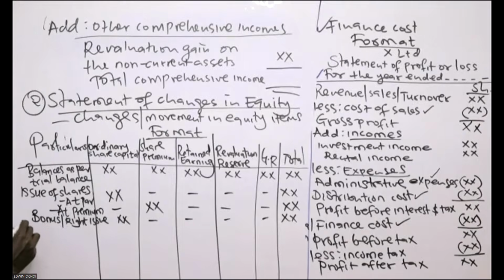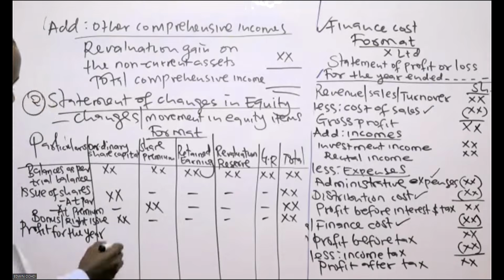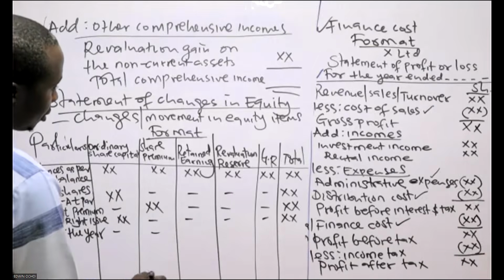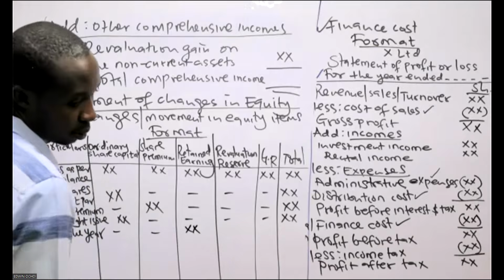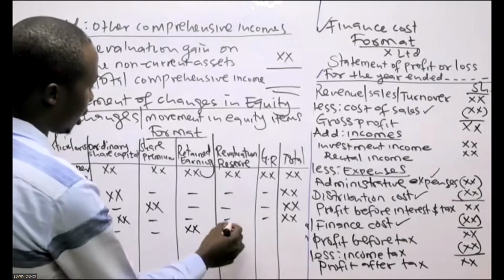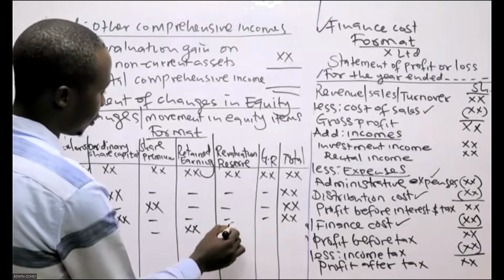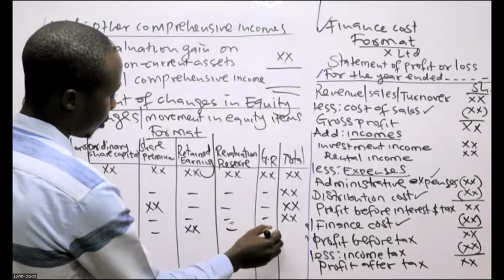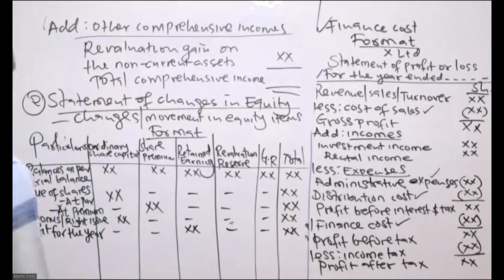Then here we can talk about profit for the year. The profit for the year affects the retained earnings and the total; we add it. Then we can talk about dividends paid.